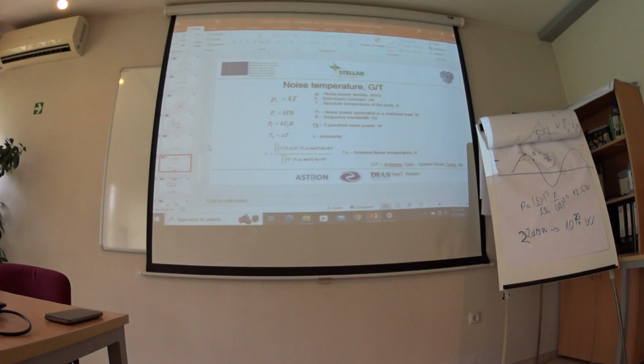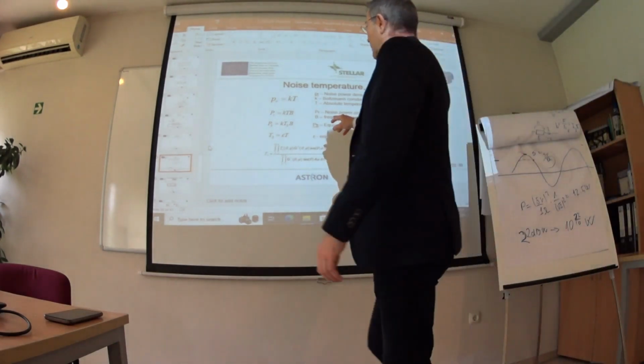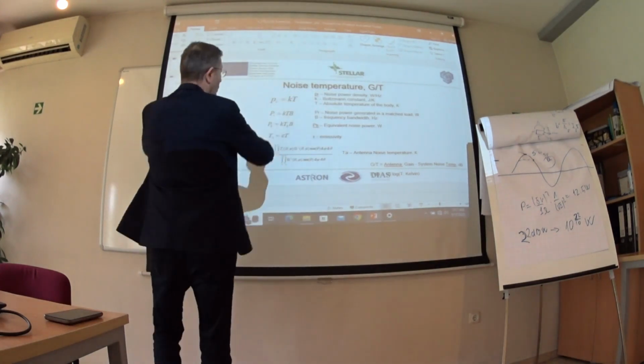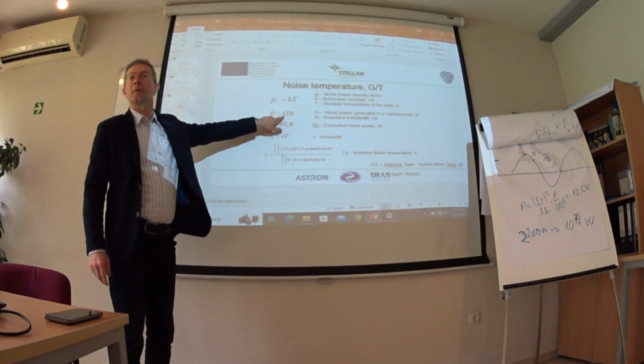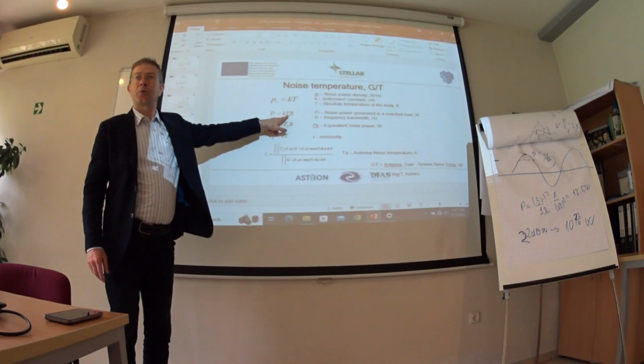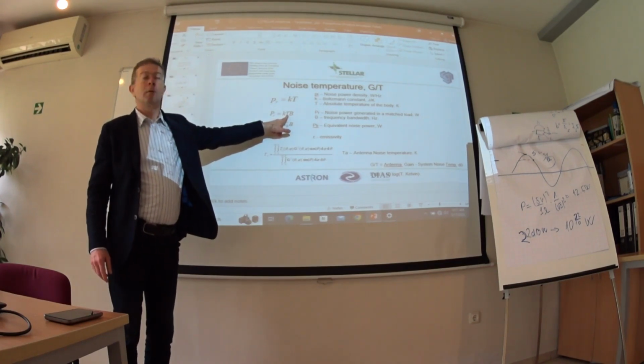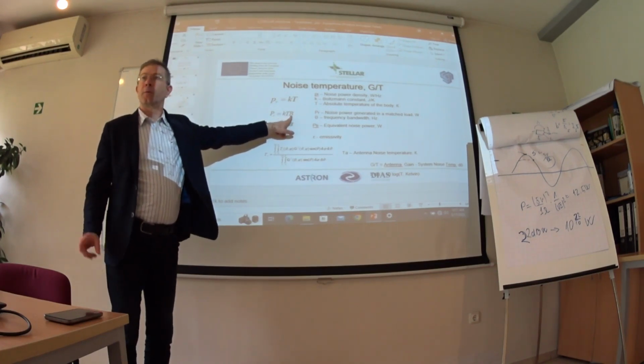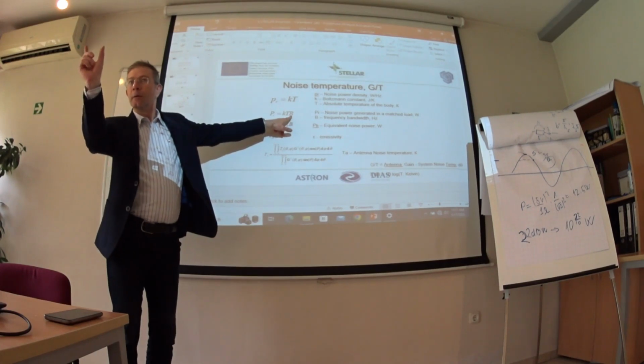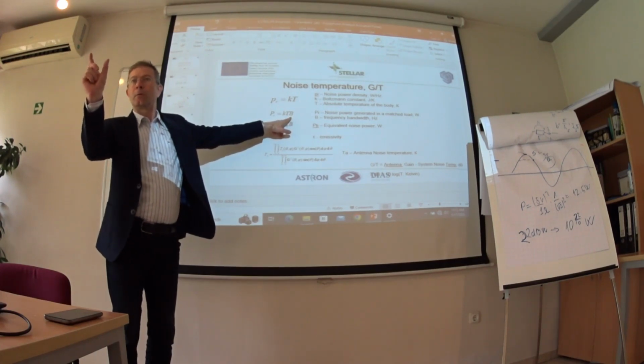Connected to the matched load, the 50 ohms, noiseless, we'll see that our load is seeing a specific power. And this power is equal to Boltzmann constant, times the physical absolute temperature of the body, times the frequency bandwidth that we are looking for.